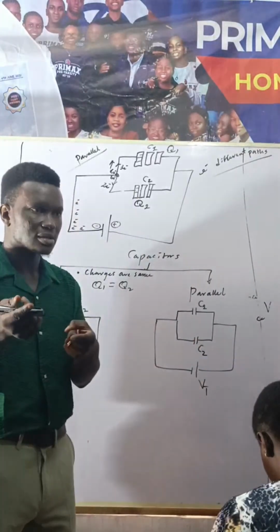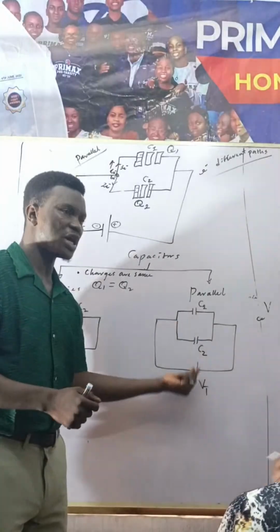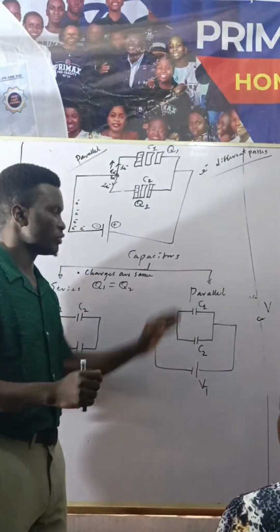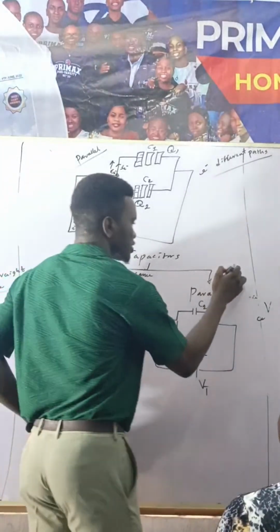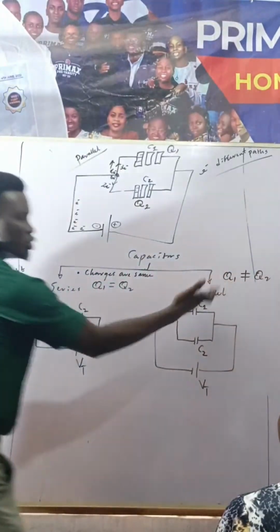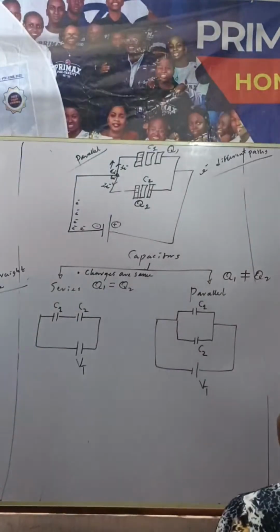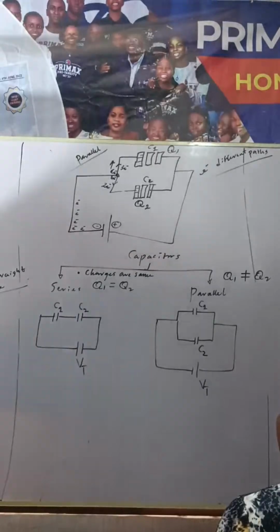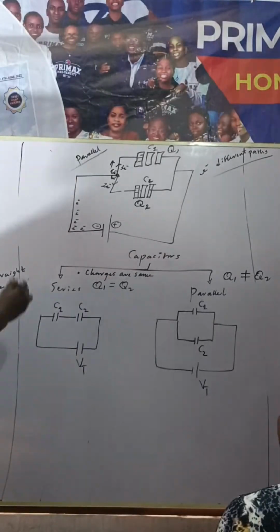That's why I said that. It still depends on capacitance. But for parallel, Q1 is not equal to Q2, and you know that, that's for parallel. Another thing you need to notice, just for simplicity, we said that potential is what?